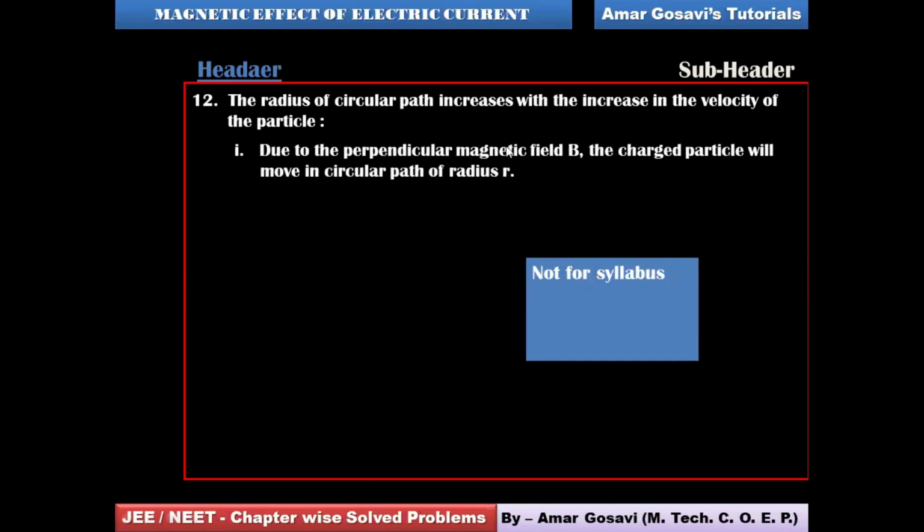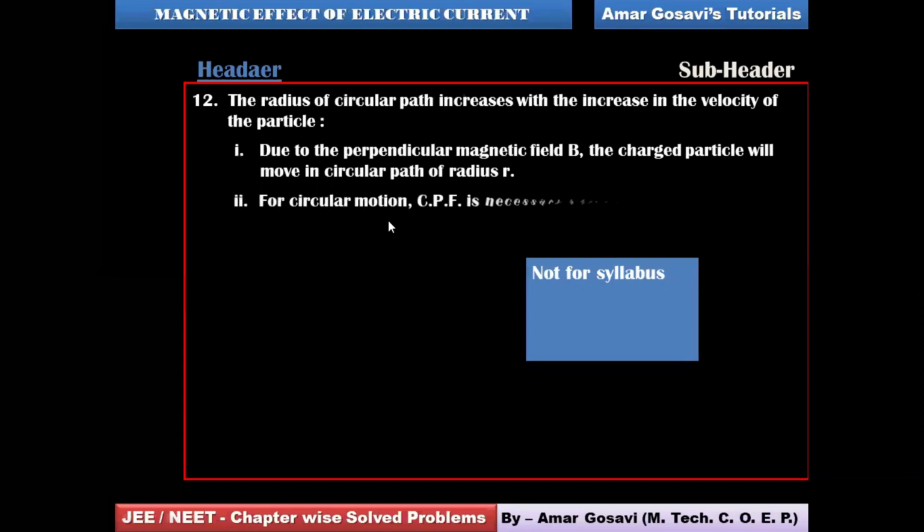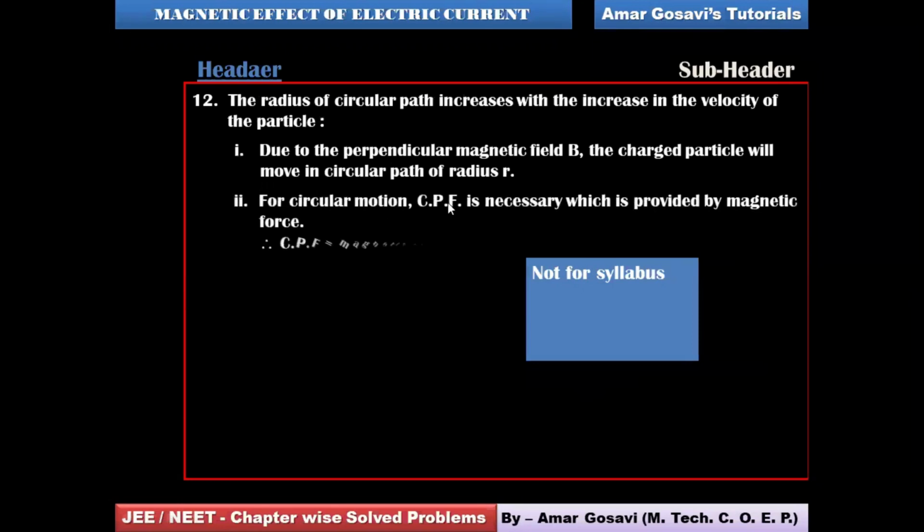So due to the perpendicular magnetic field, the charged particle will move in a circular path of radius r. For circular motion, we know centripetal force is necessary, and here this necessary centripetal force is provided by the magnetic force, the Lorentz force.